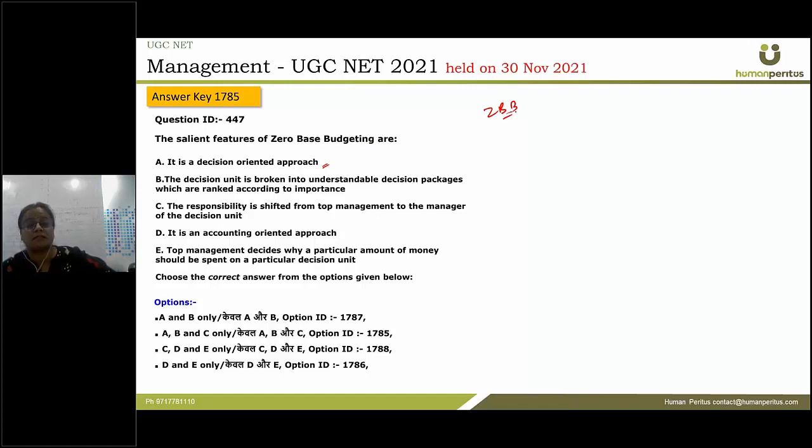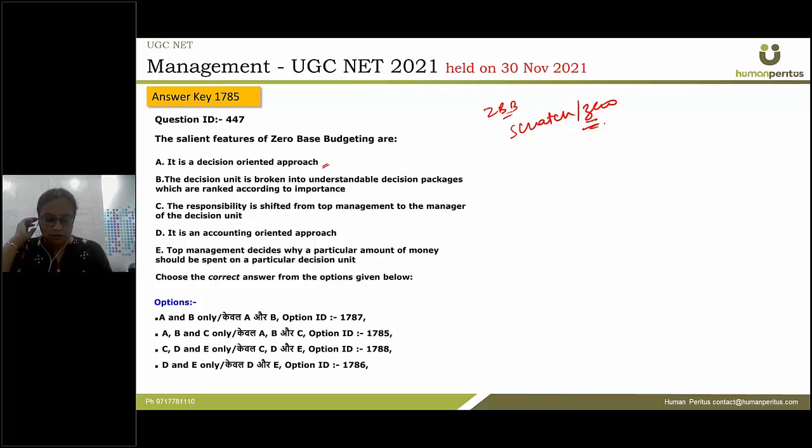It means everything we start from scratch. So we prepare the budget figures from scratch, from zero, and various departmental heads have to contribute to reach the budget figures. These are the keywords of zero-based budgeting: starting from scratch, or zero.